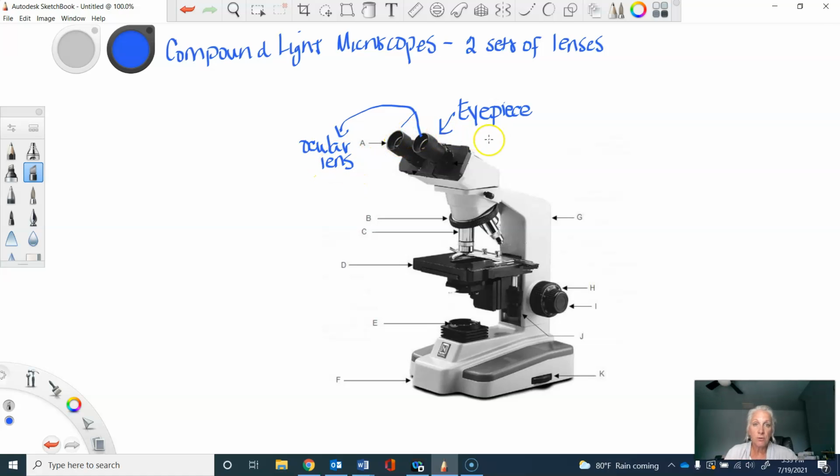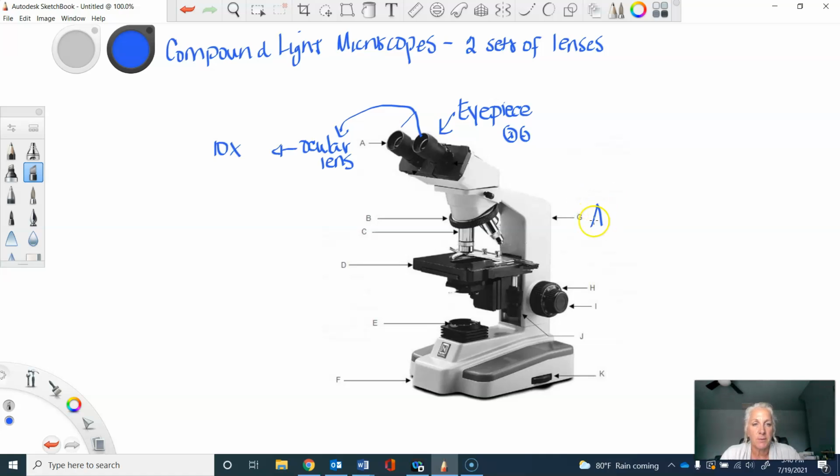And this is where your two little eyes are going to go look into the microscope there, okay? The ocular lens is one of those two sets of lenses. And the ocular lens is 10x in magnification, okay?